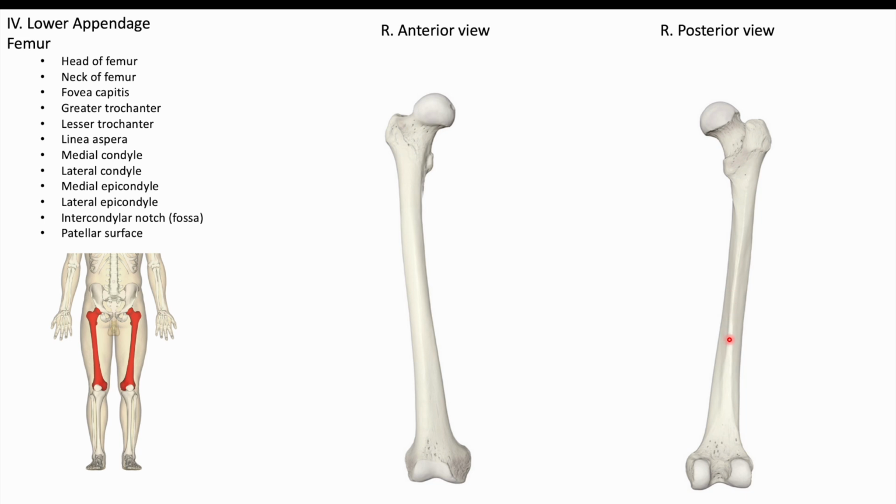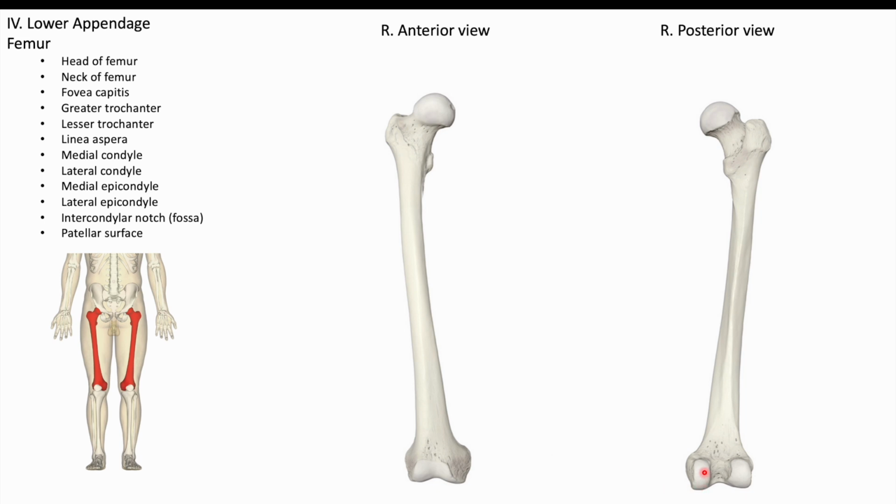Now, on the back of the femur, instead of having this smooth patella surface, which we see in the front, you're going to have these two notches that are more visible from the back. So the notch that you see here, this is the medial condyle because it's facing the midline.